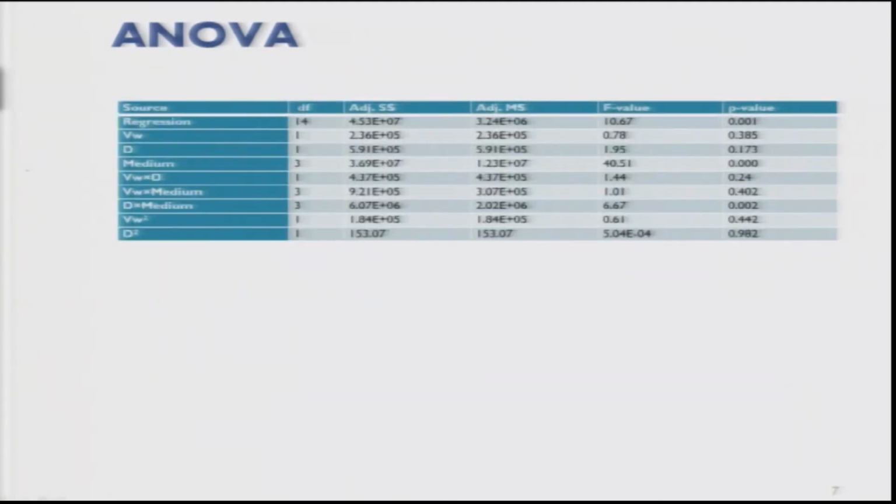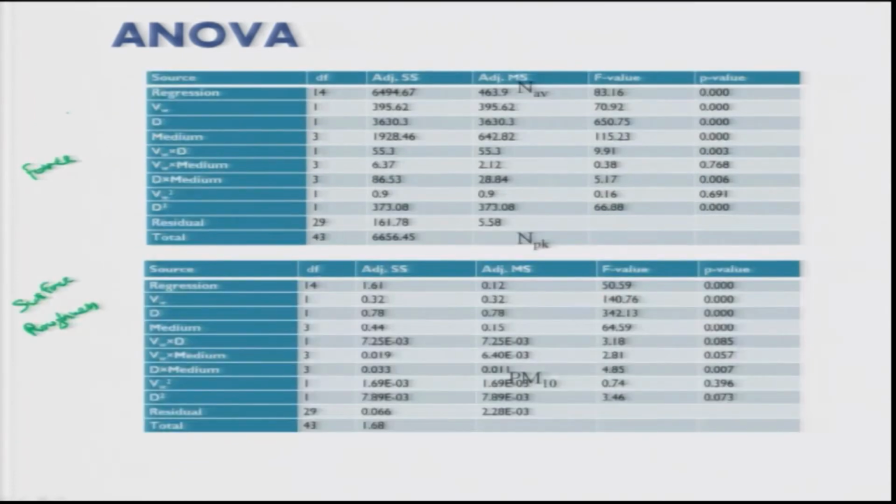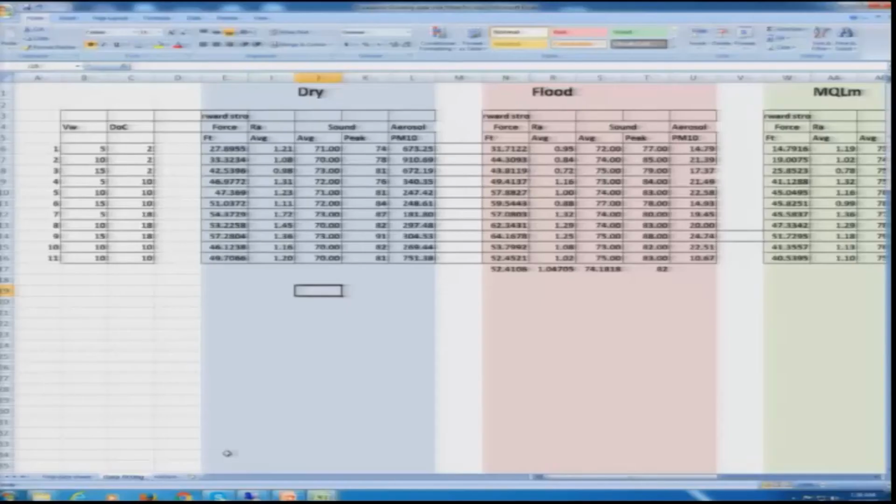And also I have my PM10 value. So, before coming to ANOVA, I would like to show my data, input data that was there.